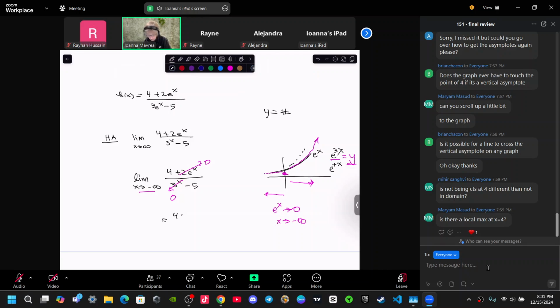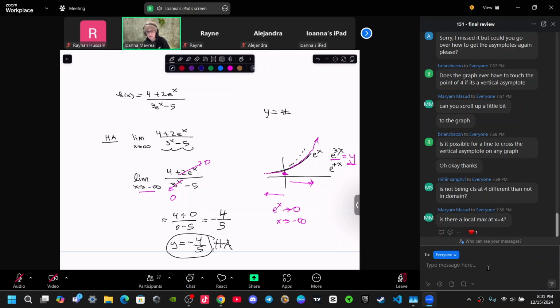So this is equal to 4 plus 0 over 0 minus 5, which is equal to negative 4/5. Since the limit as x goes to negative infinity was a number, there is a horizontal asymptote. The line y equal to this number is a horizontal asymptote.